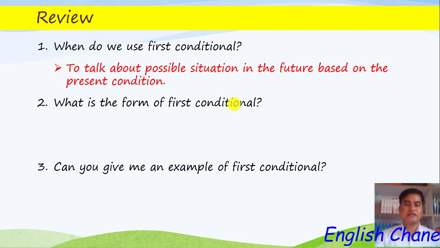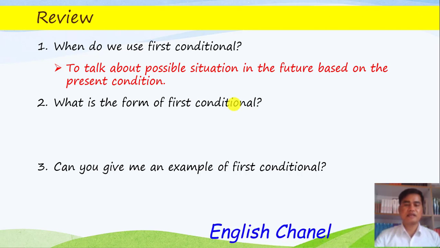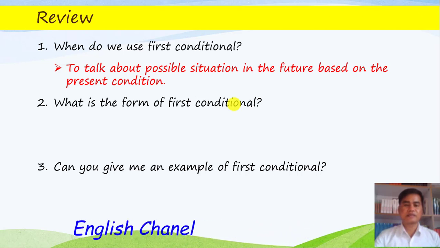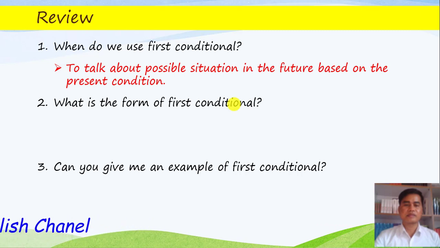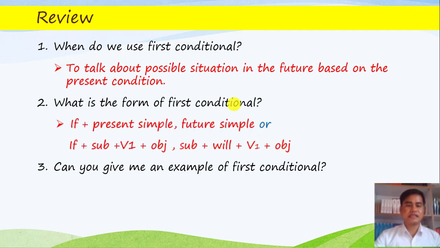Number 2, what is the form of first conditional? Great. So the form of first conditional is if plus present simple, comma, future simple, or you can write in detail: if plus subject plus verb 1 plus object, comma, subject plus will plus verb 1 plus object.